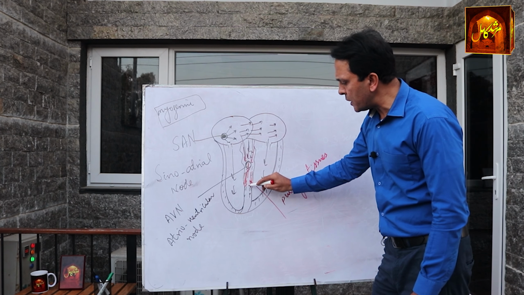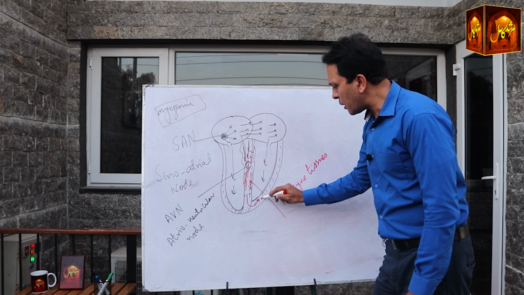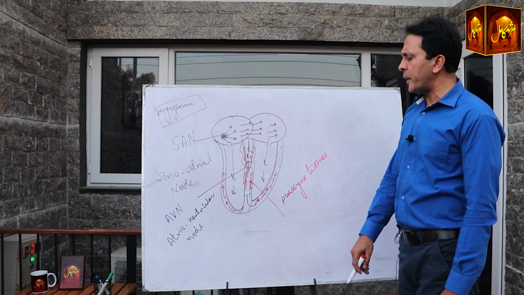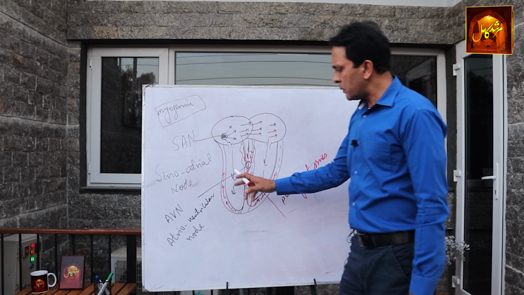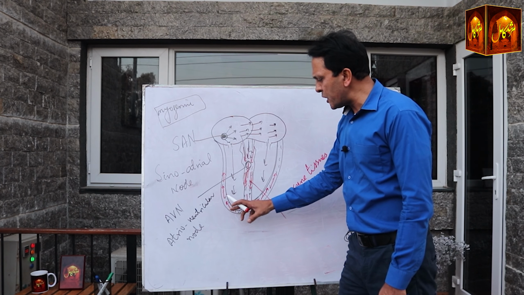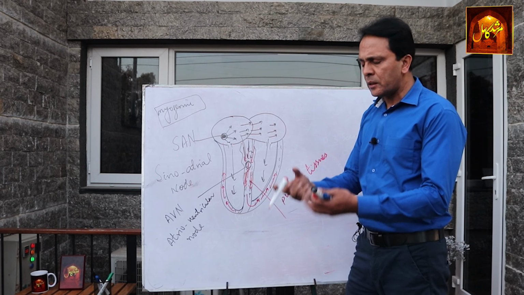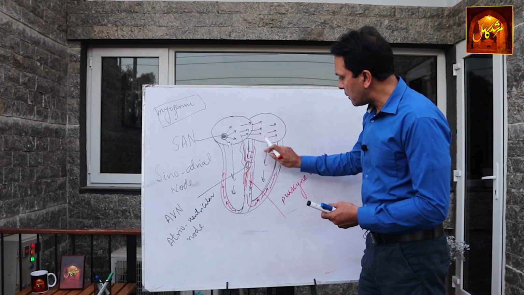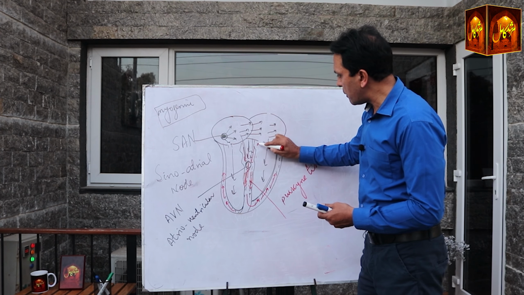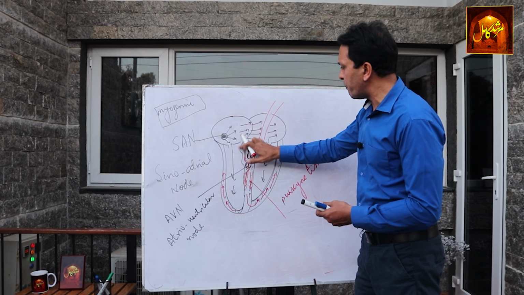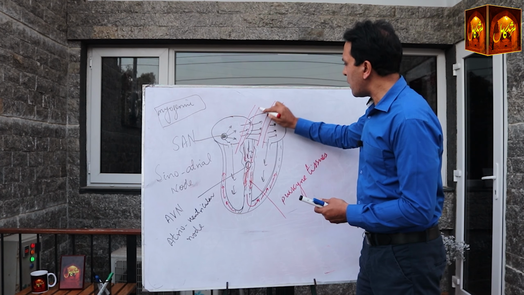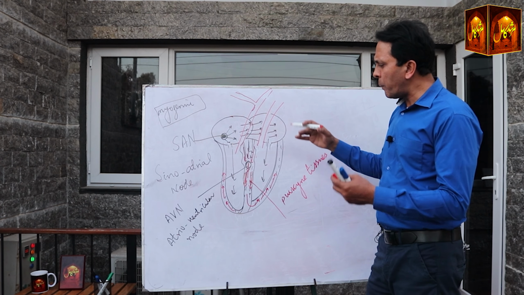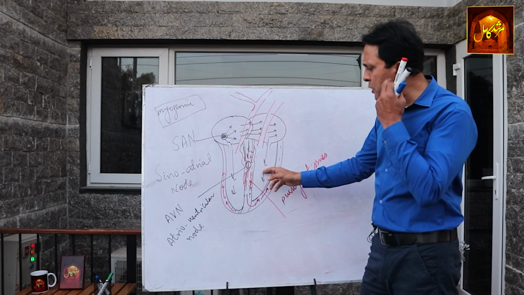The message will pass through these Purkinje tissues and then be conducted to the walls of the ventricle. When this wave of excitation reaches the walls of the ventricles, both ventricles will contract and pump the blood out of the heart through these two chambers.